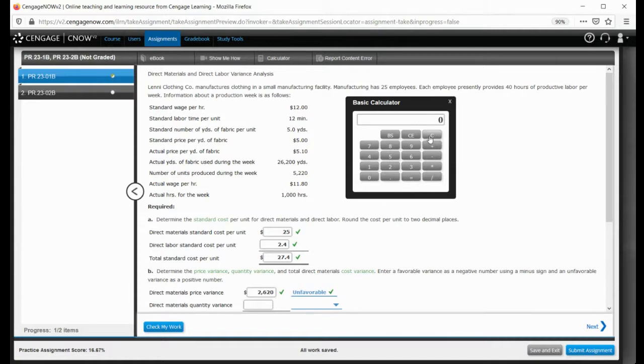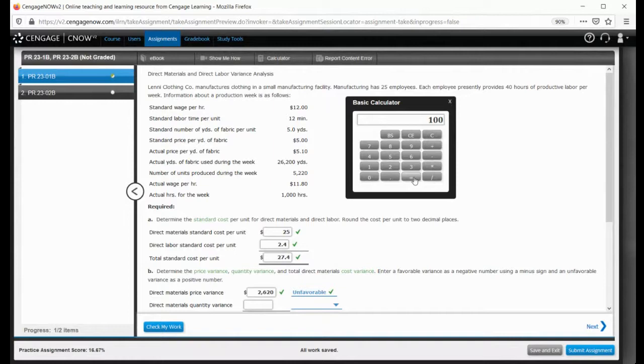So in your formula, you're going to take 26,200, that was your actual quantity of materials that you used during that time period. We're going to subtract out the standard quantity of materials that we thought we were going to use, which is 26,100. That will give us a difference of 100 yards.